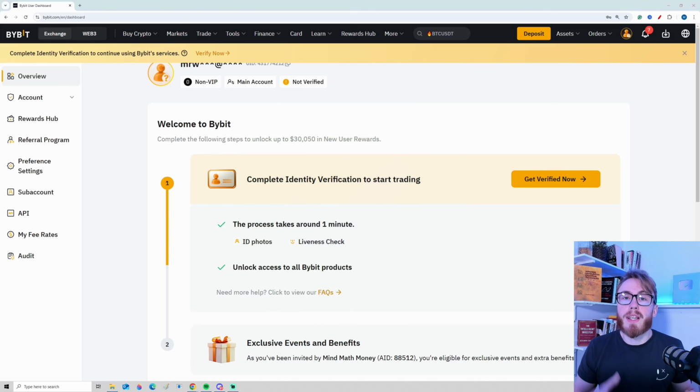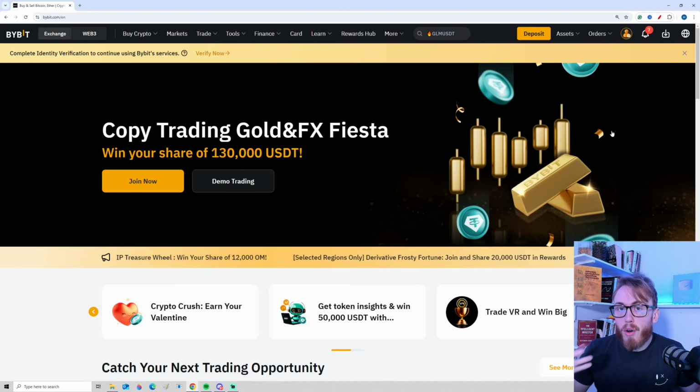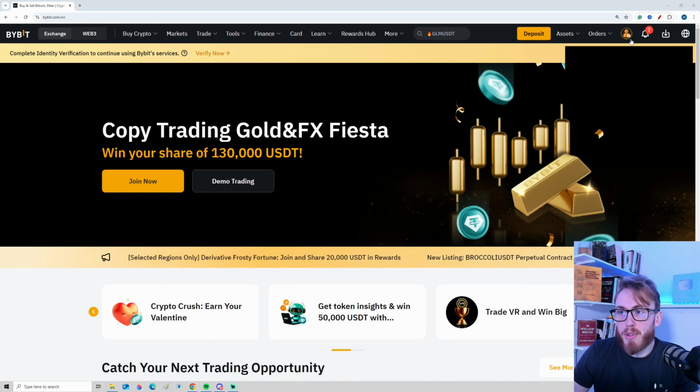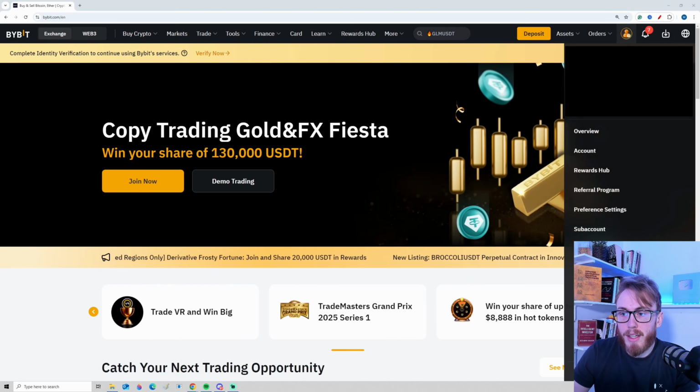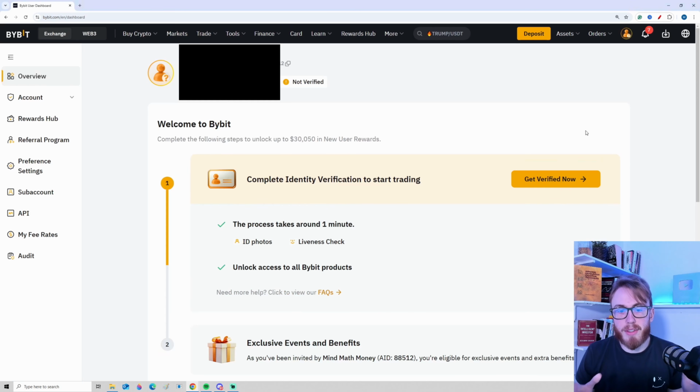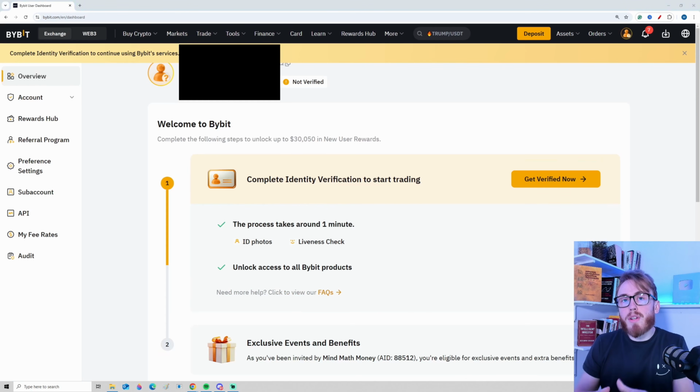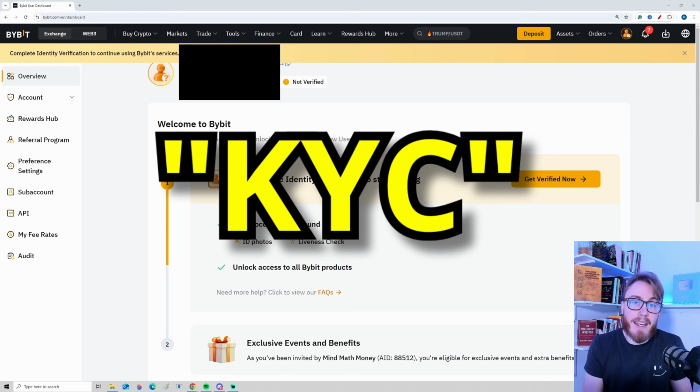When you first log into Bybit, it should look something like this. If you instead are on another page, you can go up to your profile button right here and go down and click on Overview. This should take you to this page. Because now, in order to actually trade or invest in Bybit, you need to do something called KYC.